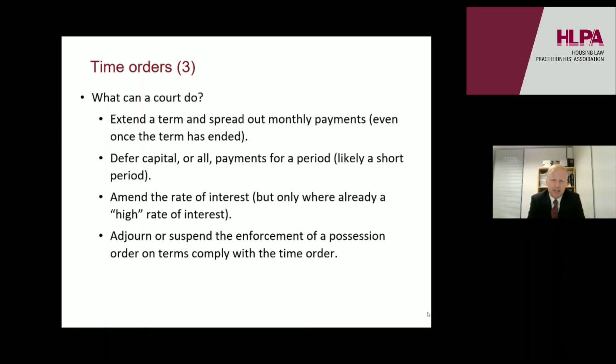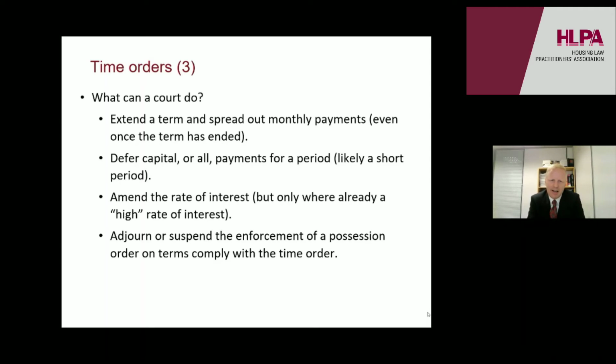The other option is the deferring of capital, so effectively turning the mortgage into an interest-only mortgage for a short period of time. And that might be, again, because there's a short period in which the borrower is simply unable to make the monthly instalments, but in the long run, they will be able to.